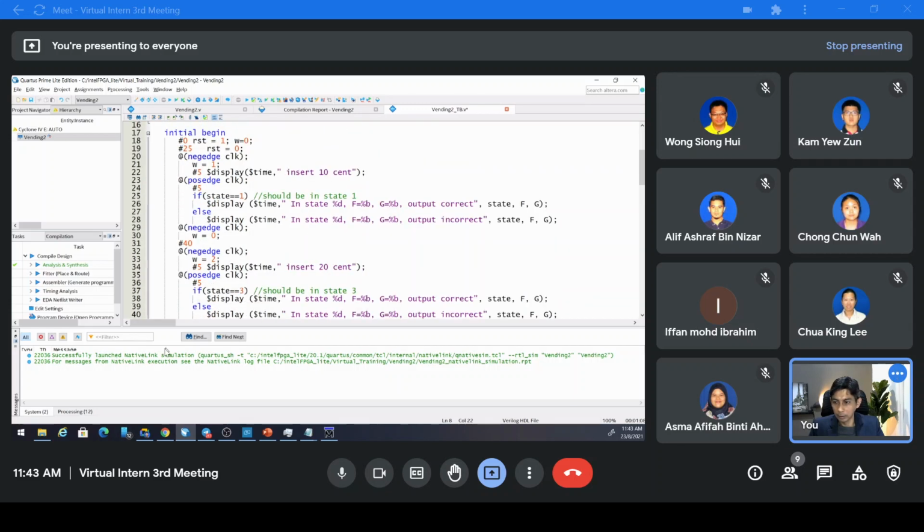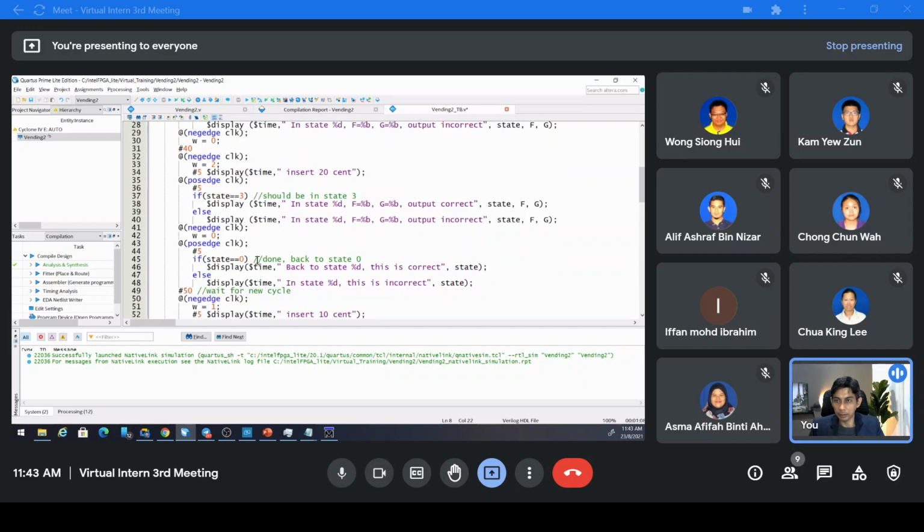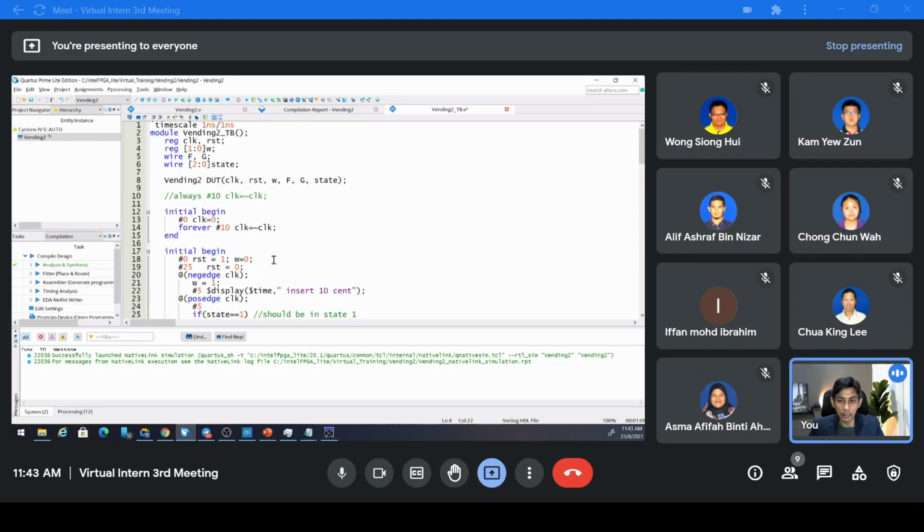Yeah, it looks easy, but if we look in the details, there are many details that we need to consider. All right, so let's go to the project.